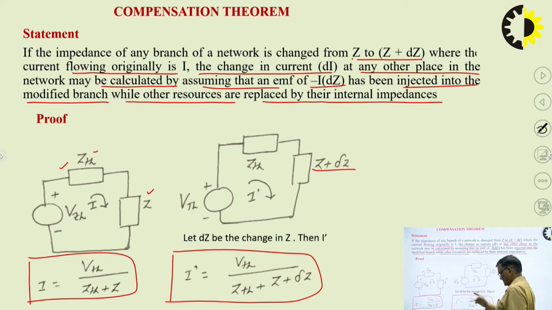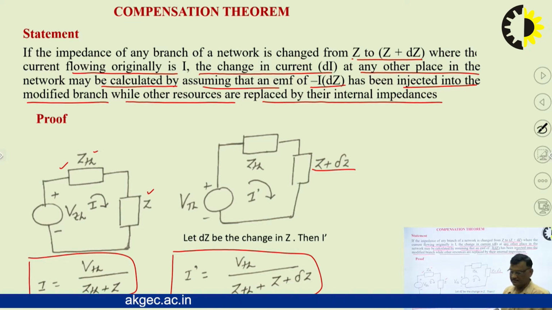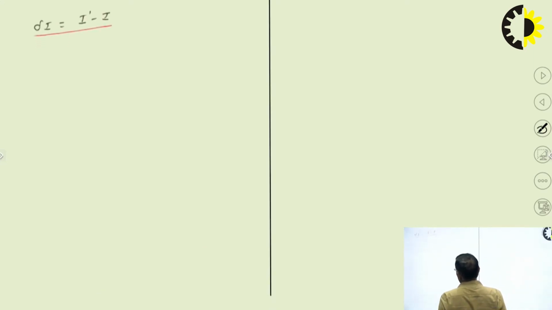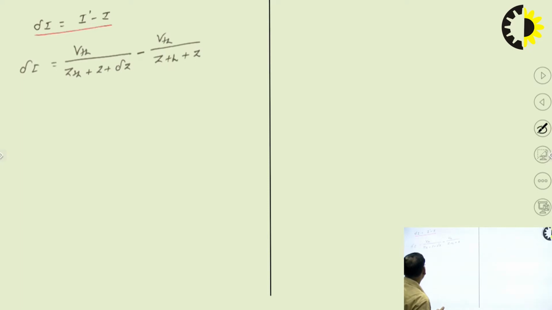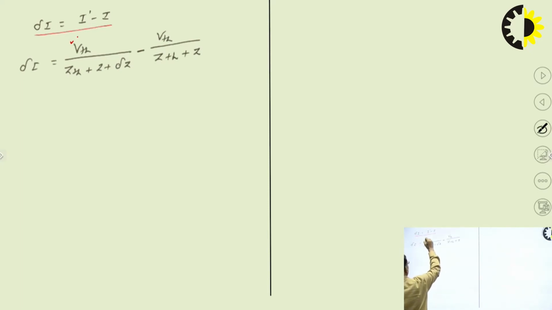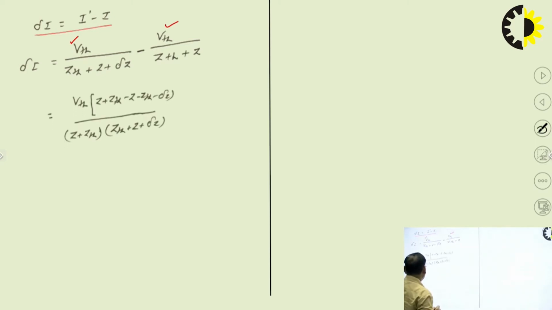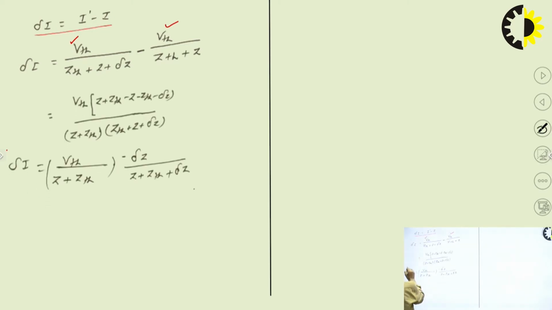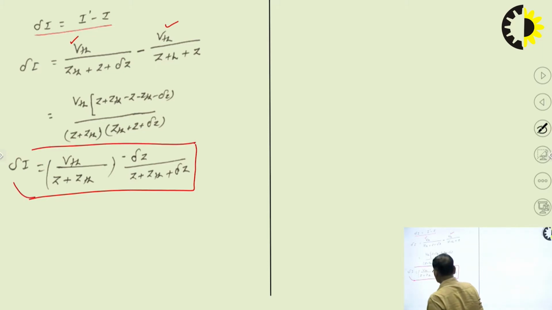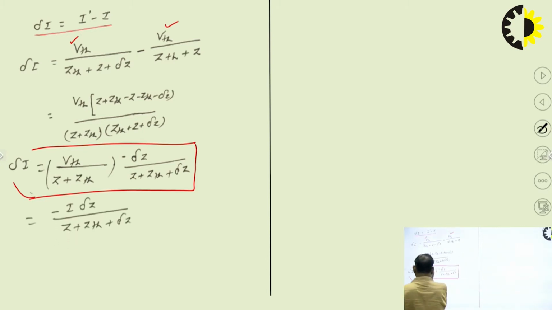I dash minus I is the change in current, delta I. Putting the values of I dash and I and simplifying, we get the value of delta I. This is VTH upon Z plus ZTH, which is nothing but the expression of I, multiplied by the remaining expression, delta Z upon Z plus ZTH plus delta Z, with a minus sign.